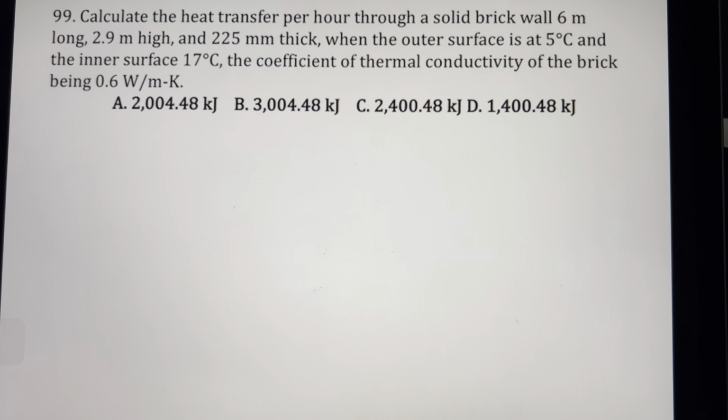So we have here the heat transfer through conduction on a plane wall. The formula for that particular heat transfer is kA delta T over x, where k is our thermal conductivity, A is our heat transfer area, delta T is the change in the temperature, while x is the thickness of our wall.